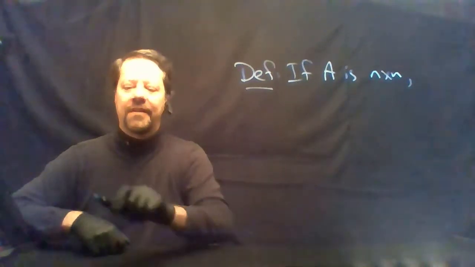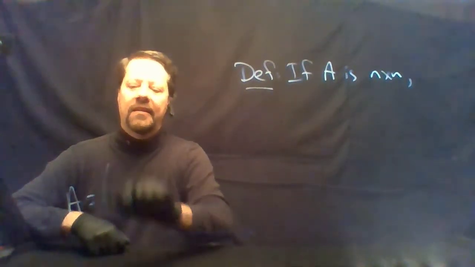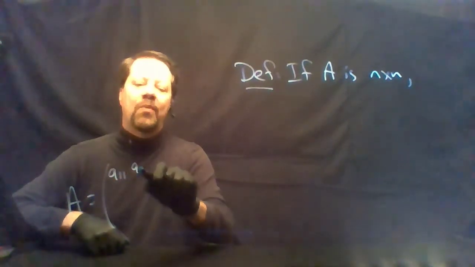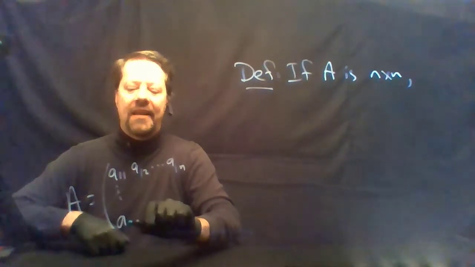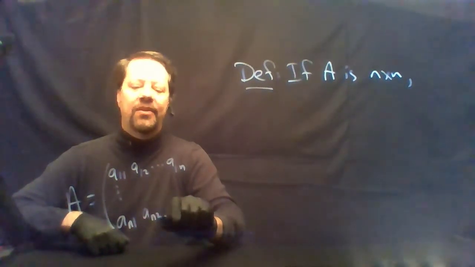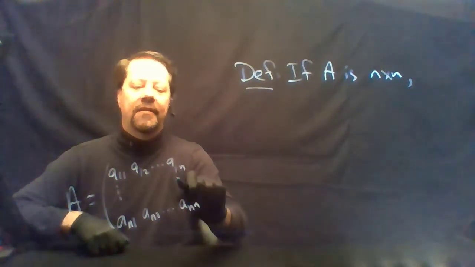Let's suppose A, for instance, is the matrix A11, A12 through A1n, down to An1, An2 through Ann.